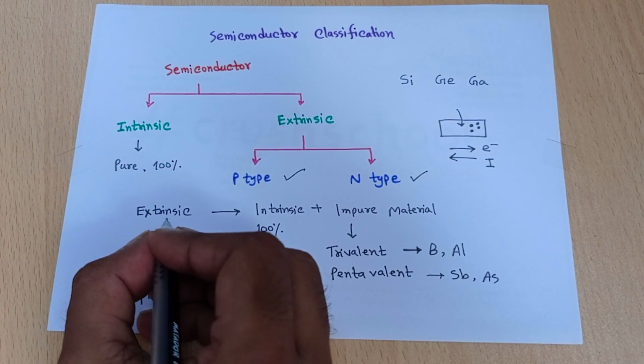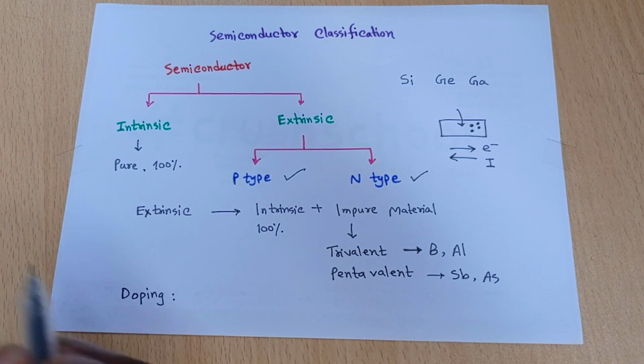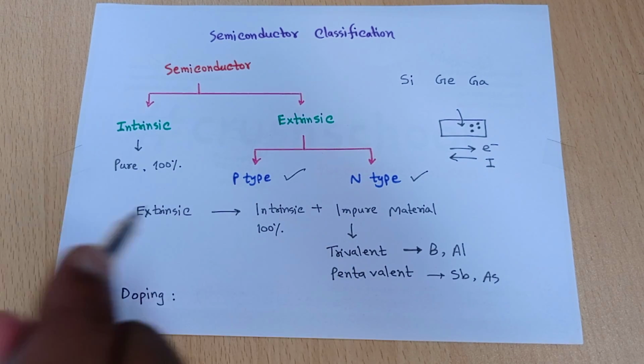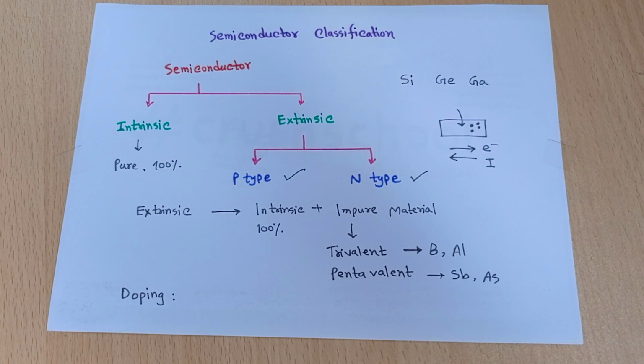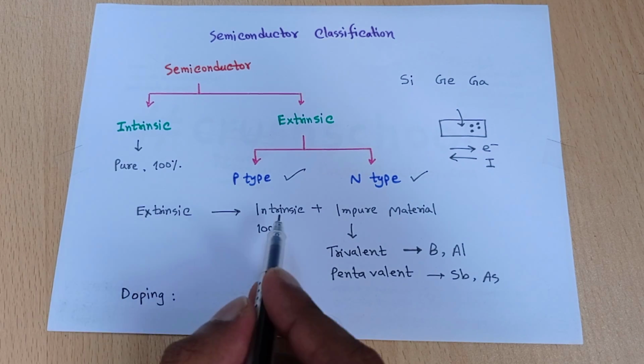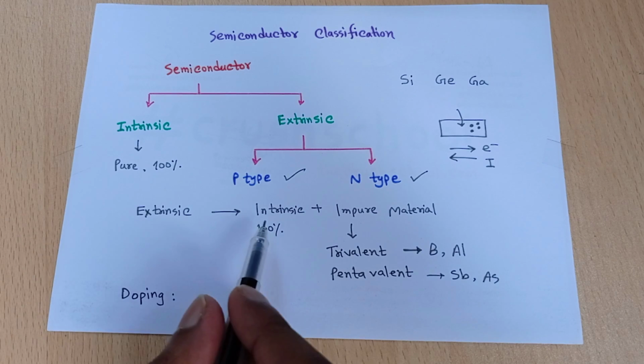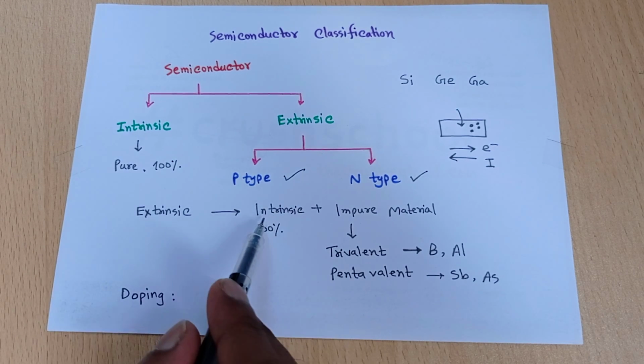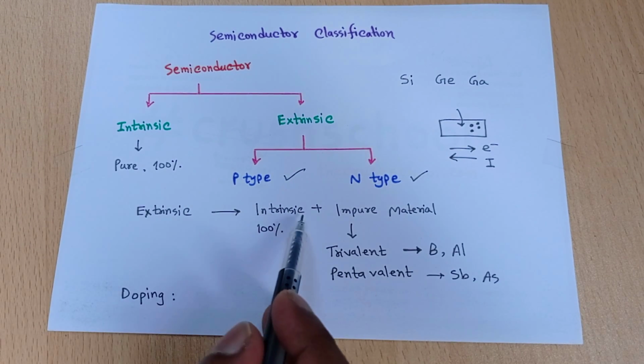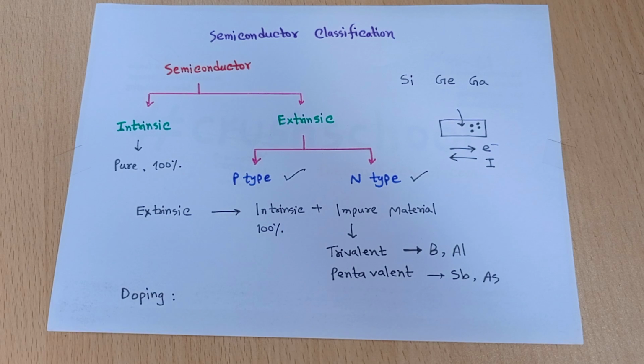So extrinsic semiconductor can be classified into two types, but when we want to derive the extrinsic semiconductor from an intrinsic semiconductor, we use the process of doping. So doping is nothing but the addition of impure material to pure silicon or a pure semiconductor to make an extrinsic semiconductor.